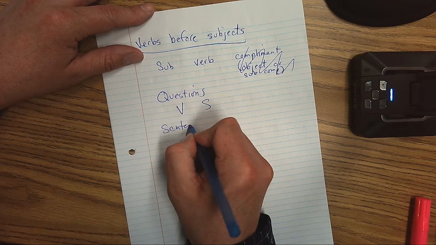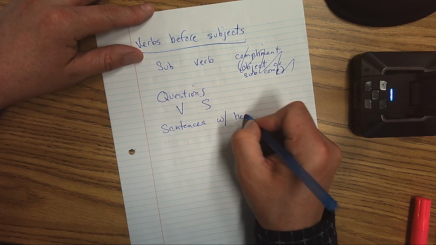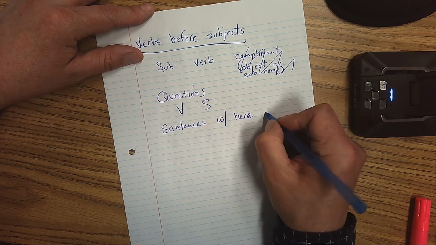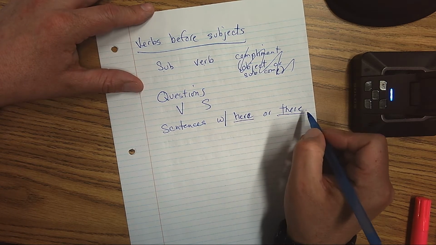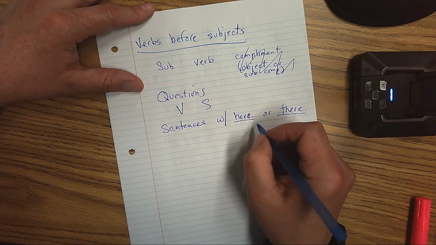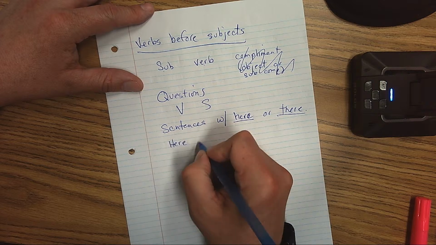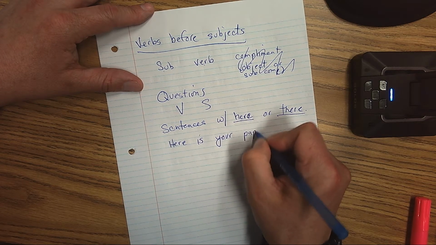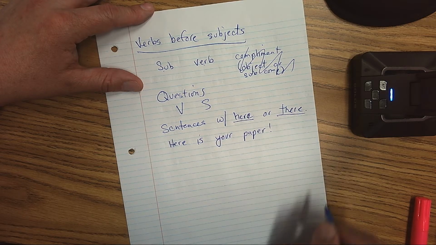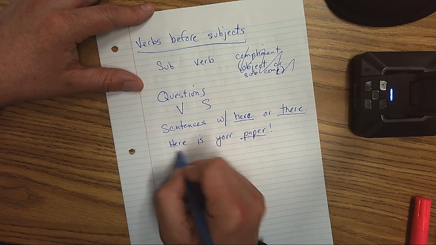And also sentences with here or there. Here and there can never be the subject. So when I say here is your paper, paper is the subject. Here is an adverb.